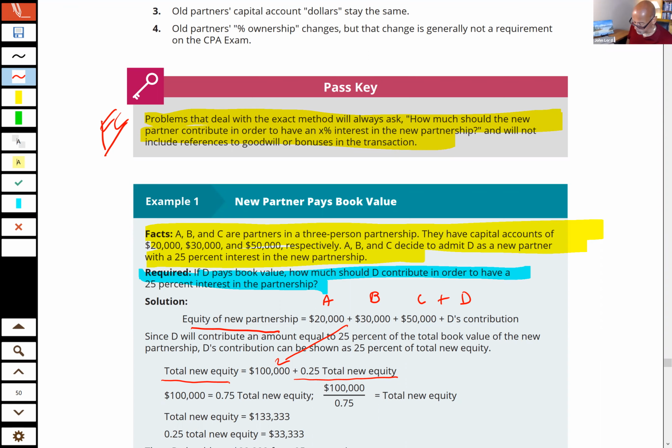So what do we do? We subtract 0.25 of the new equity from each side. This is 100% of the total new equity. If you subtract 0.25 from each side, then the 100,000 is now equal to 0.75 of the new equity. Now you're home free. You simply divide each side by 0.75. Total new equity then is what?